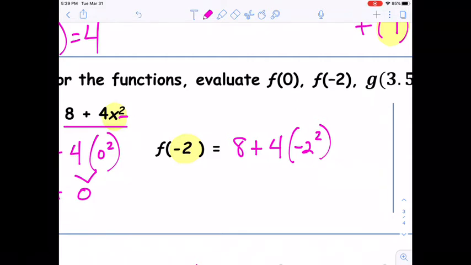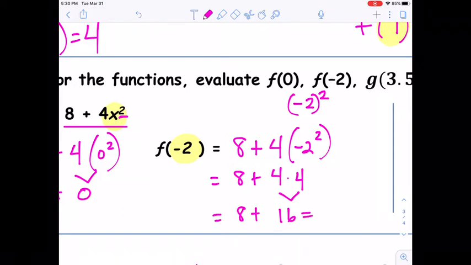Negative 2 squared means negative 2 times negative 2. A negative times a negative is a positive, so this is positive 4. Be careful if you're putting that into a calculator. Remember, negative 2 has to go in parentheses if you're entering it into the calculator. So now I have 8 plus 4 times 4. Do the multiplication before we add. 4 times 4 is 16. 8 plus 16 is 24.